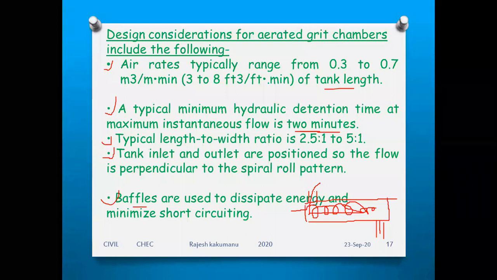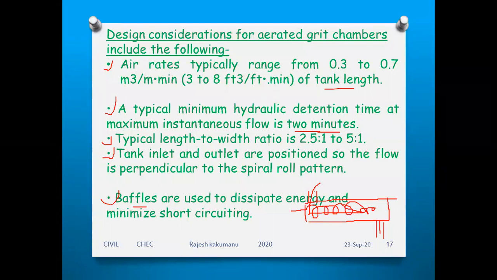Baffles is nothing but a device which is used to regulate the flow of fluid, just like valves. It will regulate the flow of fluids or maybe gases etc.